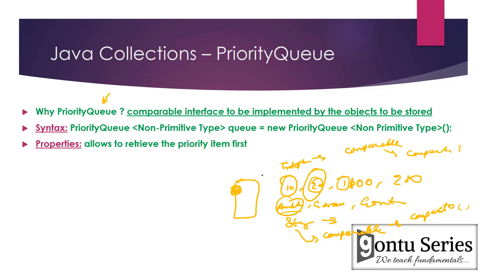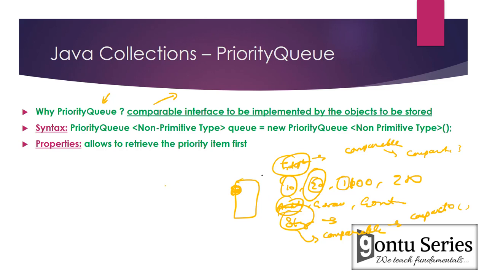And for that it is mandatory that whatever object you are storing in a PriorityQueue has to implement the Comparable interface. In case of Integer, String or any other non-primitive type other than user defined types, the JDK people have already implemented Comparable, so no worries about that.